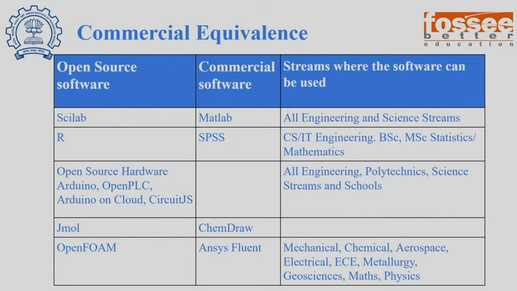So for researchers and for high level users, OpenFOAM is a better choice. And it is also easier to implement some models, for example multi-phase turbulence and combustion models, where you will find OpenFOAM is much more effective as compared to ANSYS Fluent.